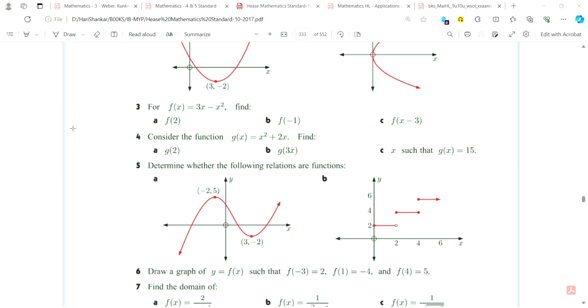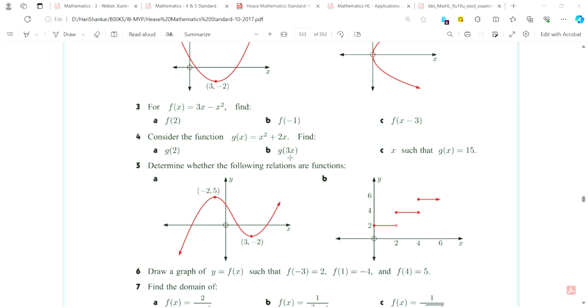So you become the inspector who checks whether the given graph is a function or not by drawing a vertical line at any point on the graph, and checking whether that vertical line crosses the curve at only one point at a time. If yes, it is crossing only one point at a time, then that is a function.